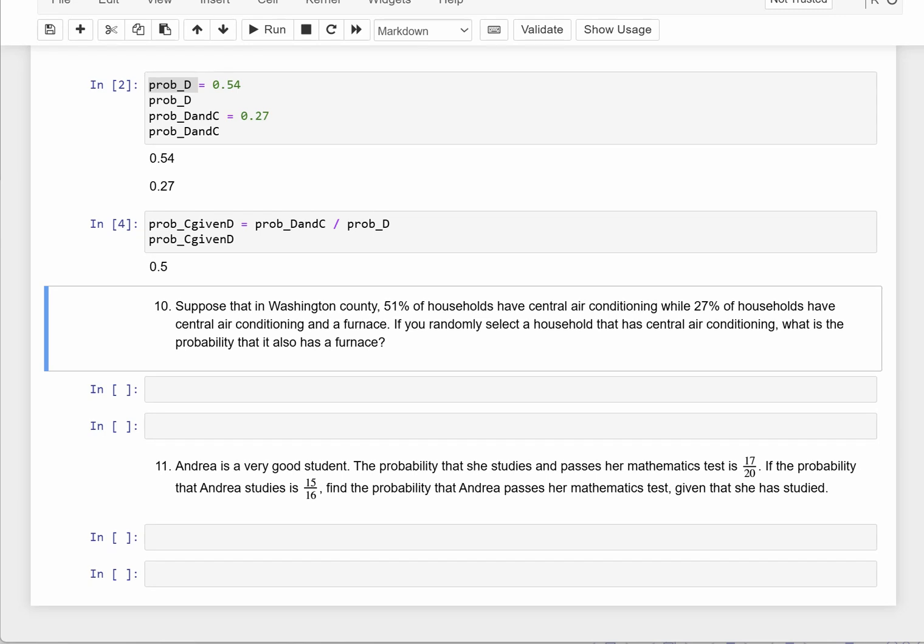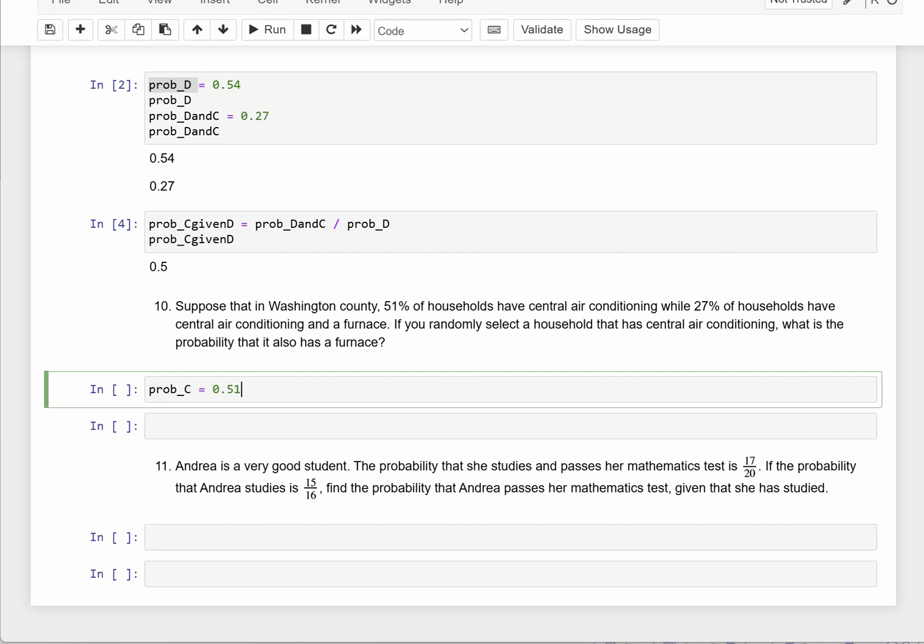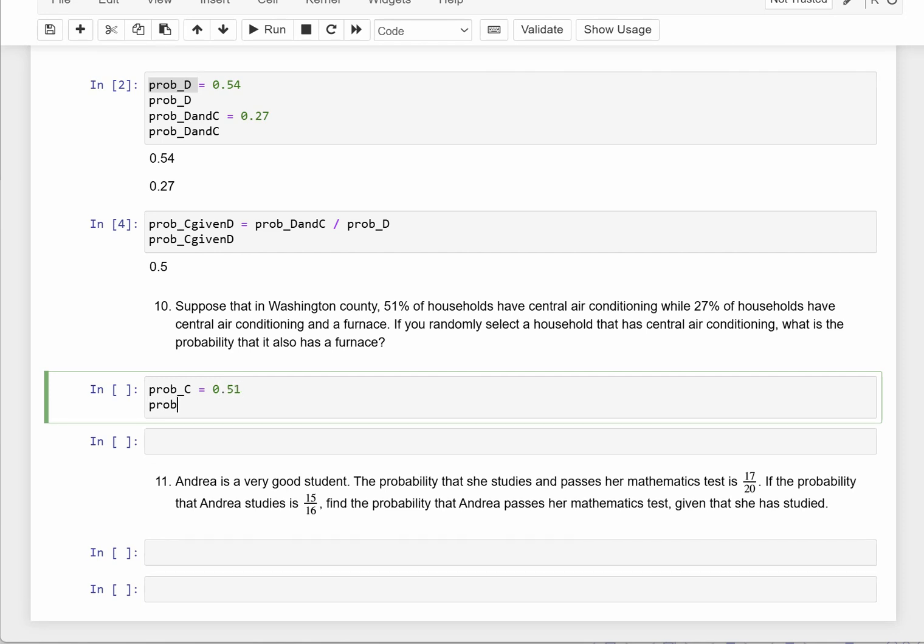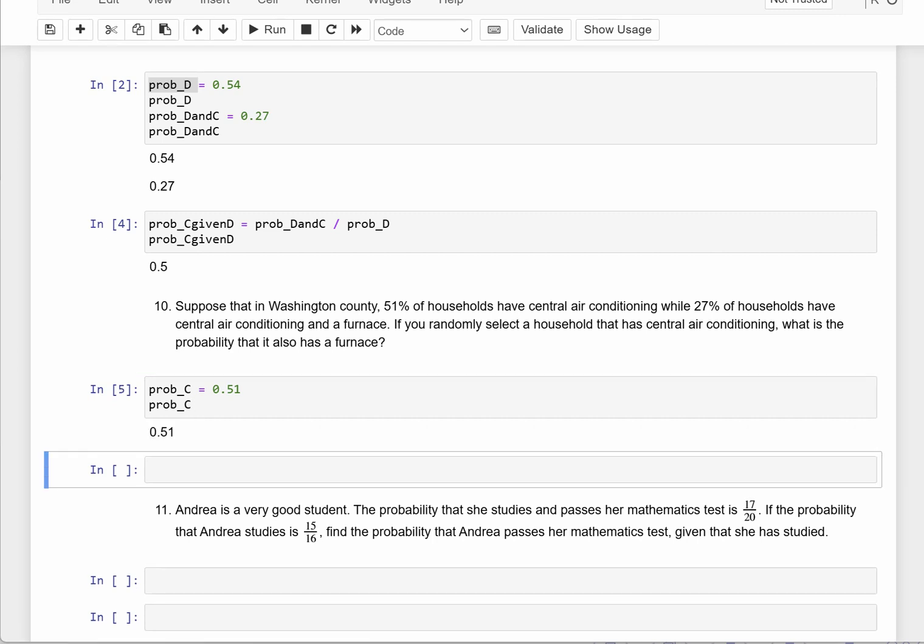Okay? And doing the same thing, suppose that in Washington County, 51% of households, let me do that all lowercase, prob F, have central air conditioning, so that equals 0.51, right? And then prob underscore C. We have that variable assigned.